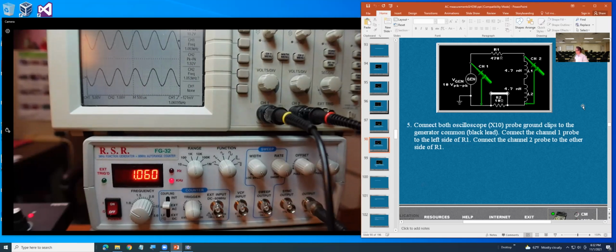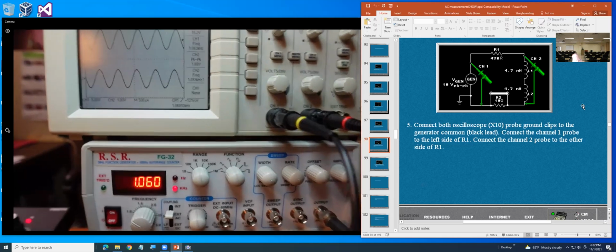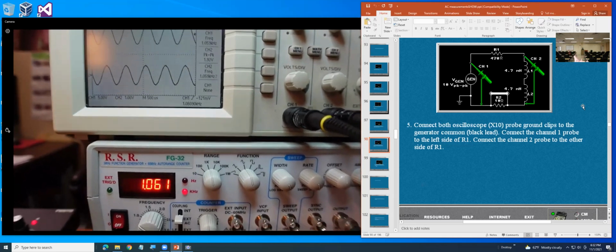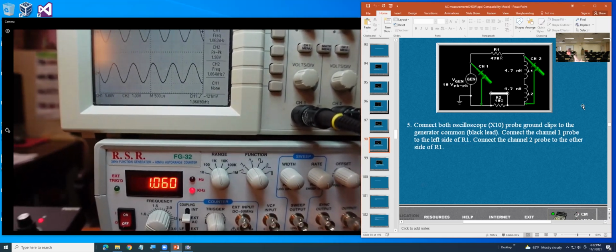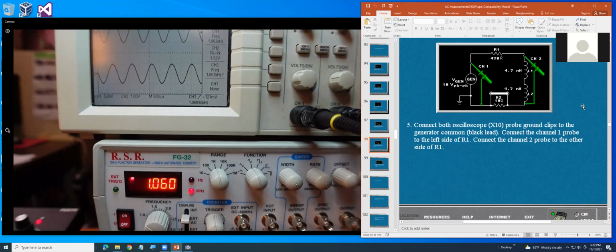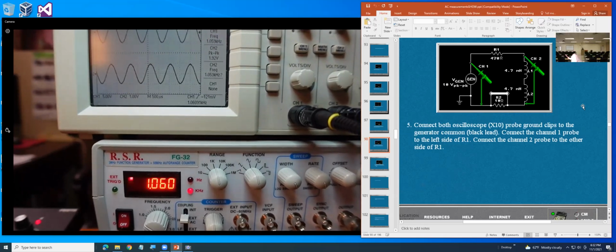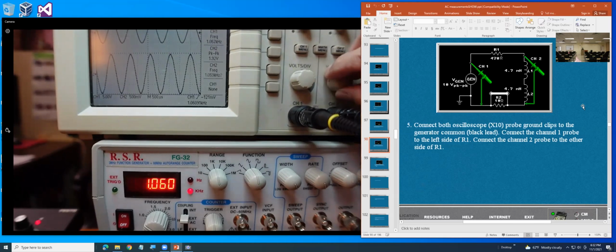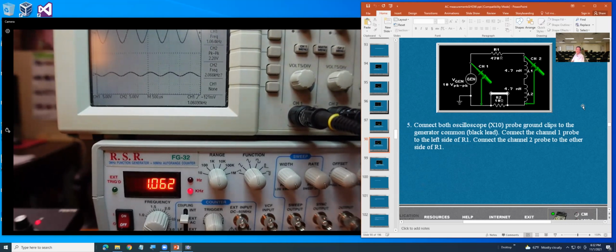Right now I'm looking here: channel 1 is 5 volts, channel 2 is 1 volt. Yeah, they both need to be the same. Right, so I can change either one. I can set channel 2 to be 5 volts per division.